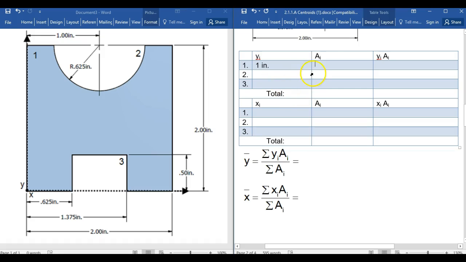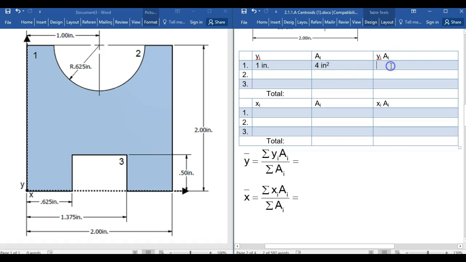The area of that box is 2 inches by 2 inches, which gives us a total of 4 square inches. When we multiply those two together, 4 square inches times 1 inch, we end up with 4 cubic inches.